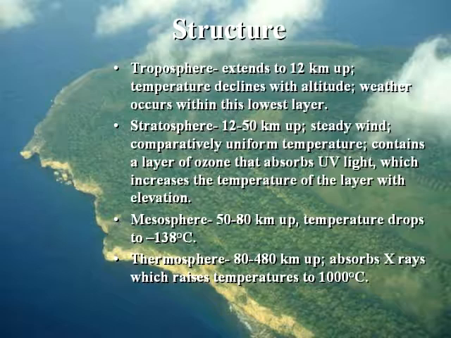Then above that, we have the mesosphere, which, as I said, is a layer in which it gets very cold. And then the uppermost layer of the atmosphere, the thermosphere, has temperatures that are in the range of 1,000 degrees Celsius as it intercepts all that high energy X-ray radiation.